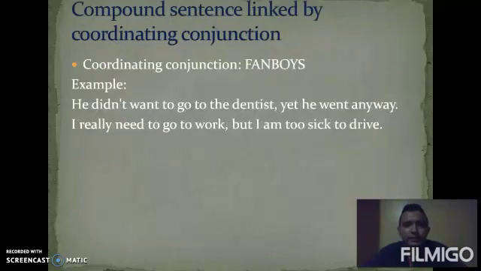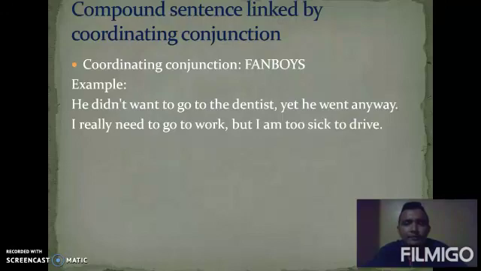But a compound sentence, as I said, is linked by a coordinating conjunction. What is a coordinating conjunction? A coordinating conjunction is a word that links two clauses, and some examples are yet, and, for.